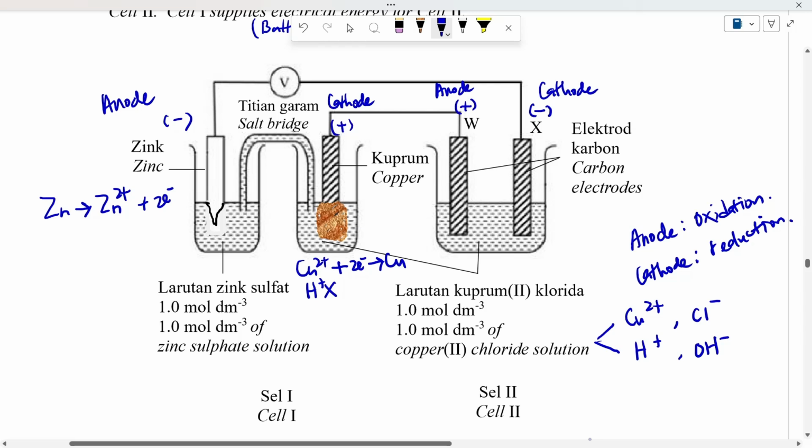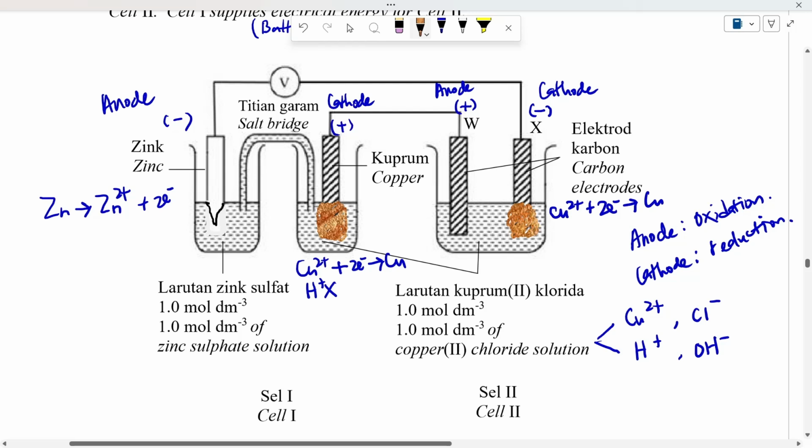Which one will be discharged, copper or hydrogen? Copper, same as just now. The copper gains electrons to form copper, so you will see a brown solid formed. Reduction, right? Cathode undergoes reduction.